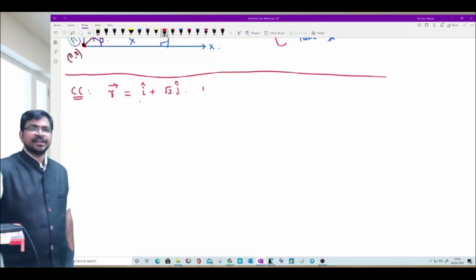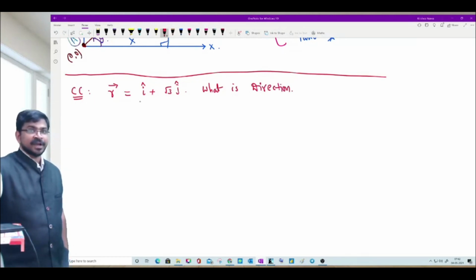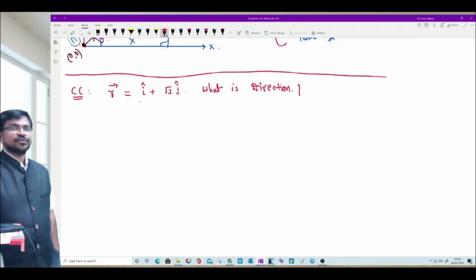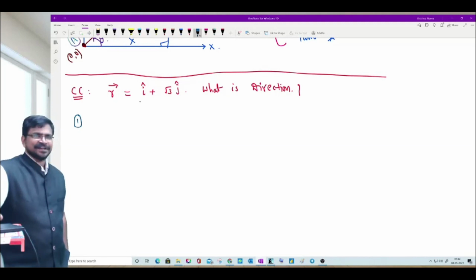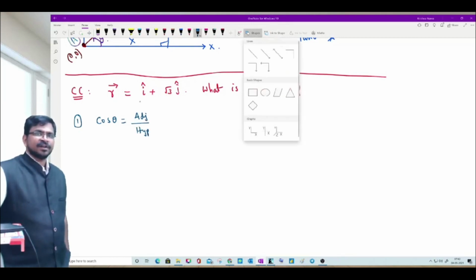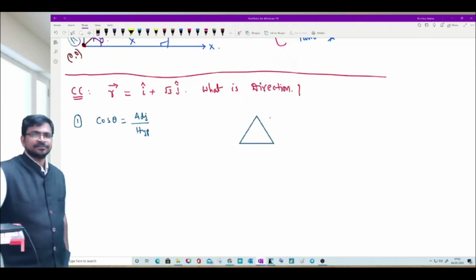What is the direction? Because your doubt is only on direction, not on magnitude, Sahasra. So I am focusing on that one. First method, let us see cos theta. We can take cos theta. Cos theta is equal to adjacent side by hypotenuse. So for the given vector, let me take the triangle.